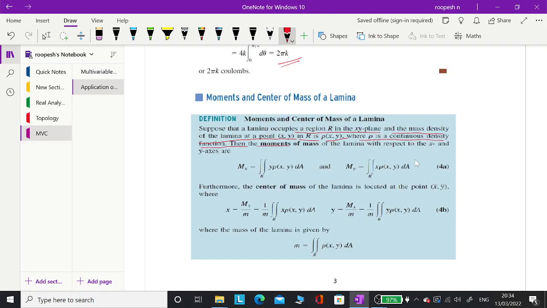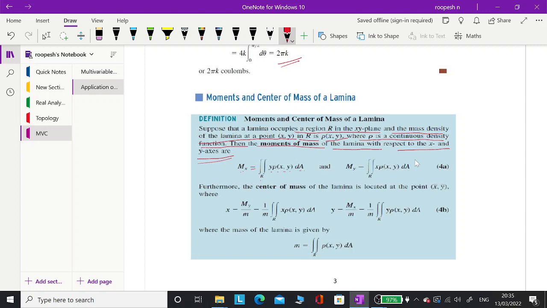Then the moments of mass of the lamina with respect to the x and y axes are: with respect to the x axis, Mx equals the double integral over R of y rho xy dA.